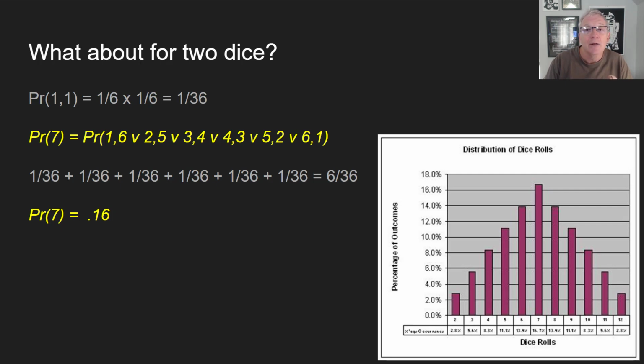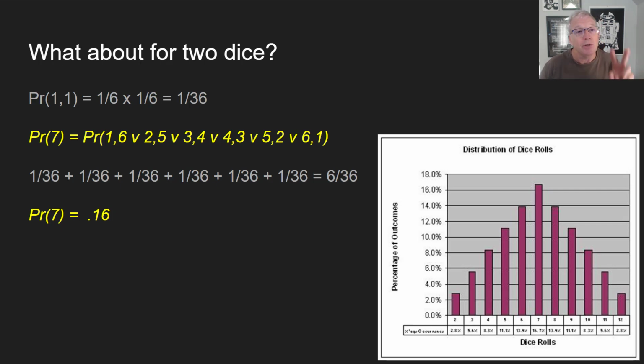The highest single probability outcome for rolling 2 dice is to get a 7, and that happens a little over 16% of the time. Then in descending order in both directions, for 8s or 5s or 2s or 12s, the probabilities go down. Well, why is that? That's because there's only one way to get a 2 rolling 2 dice.